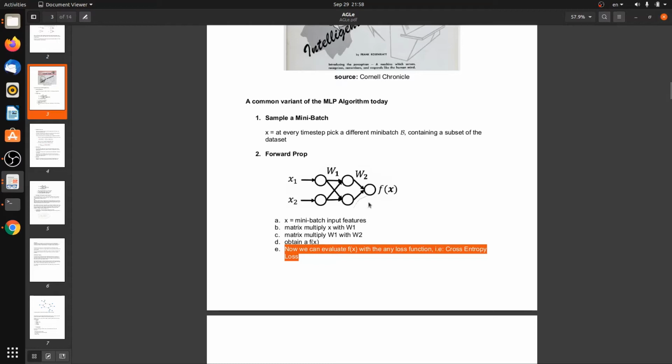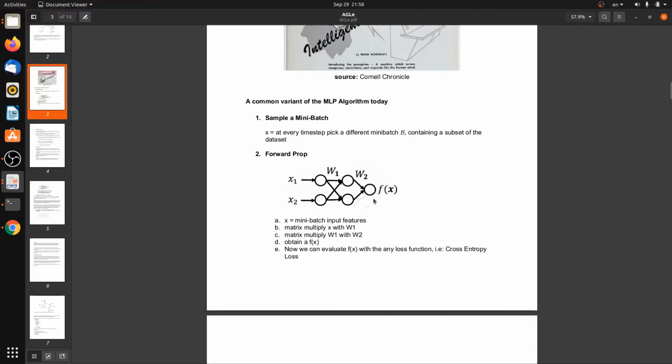It was not a cat, it was a dog. So that's our loss. We need to compute some loss at this end, and we do know the real value, because we start from an initial set of observations in which we know the true label for what we're trying to predict.